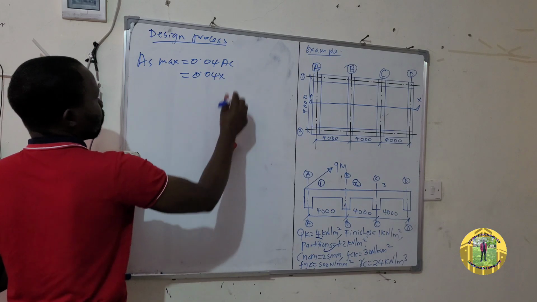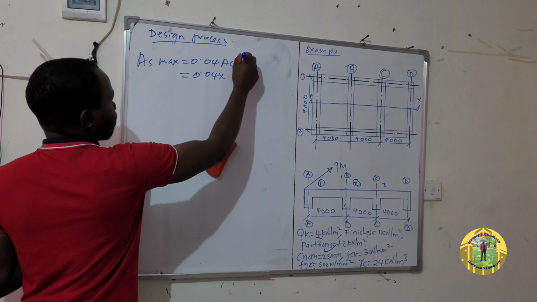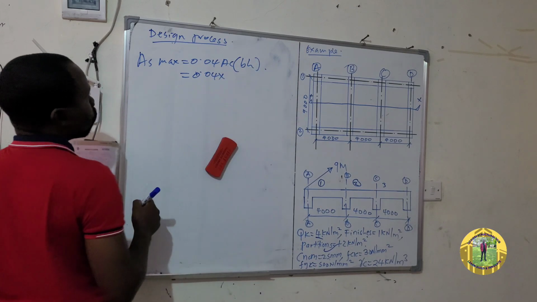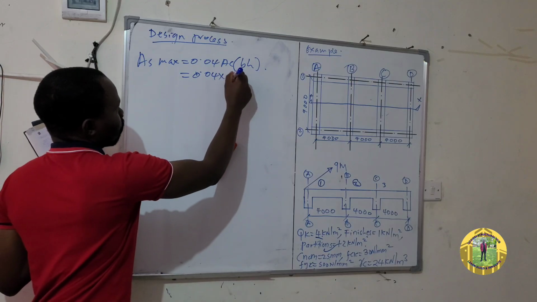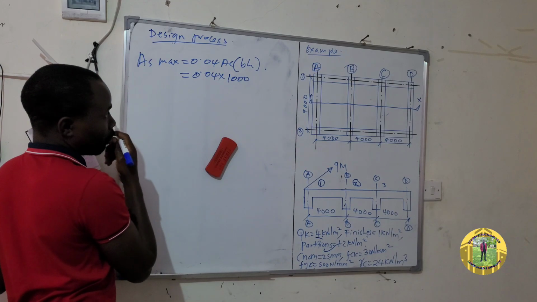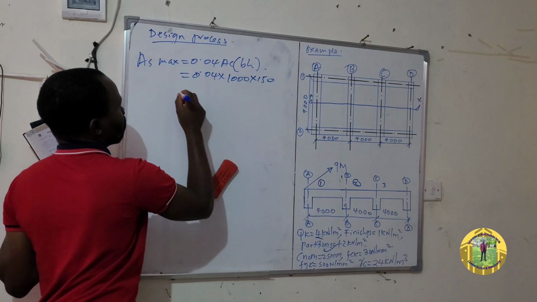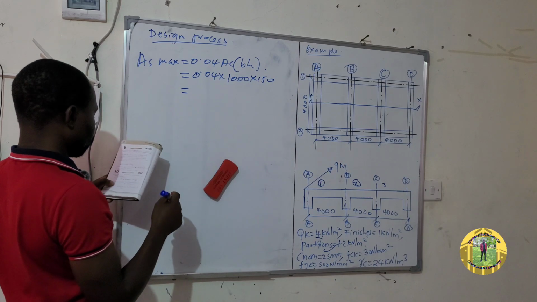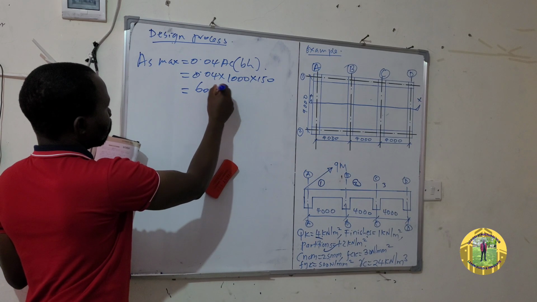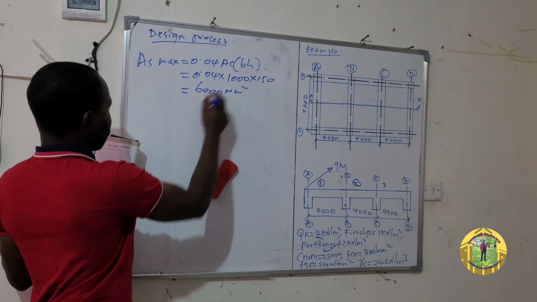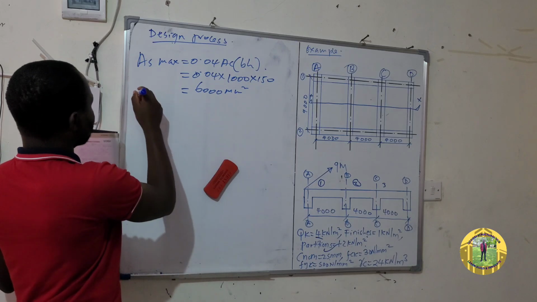Let me write it here in the bracket. B is 1,000, this is 1 meter width of the slab, times H, which is 150. So this one is equal to 6,000 millimeter square.